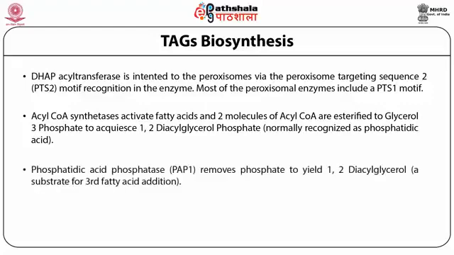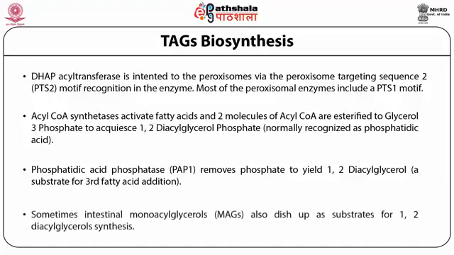The phosphatidic acid phosphatase removes phosphate to yield 1,2-diacylglycerol, which is a substrate for third fatty acid addition. Sometimes intestinal monoacylglycerols also serve as substrate for 1,2-diacylglycerol synthesis.